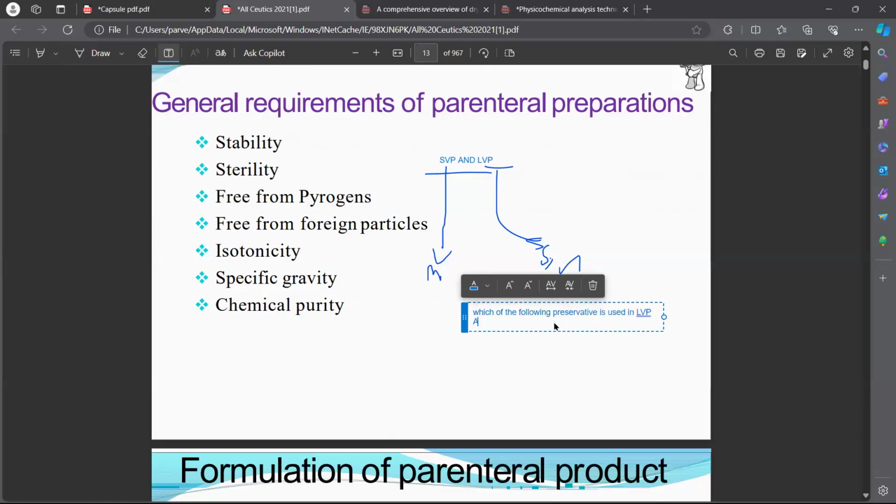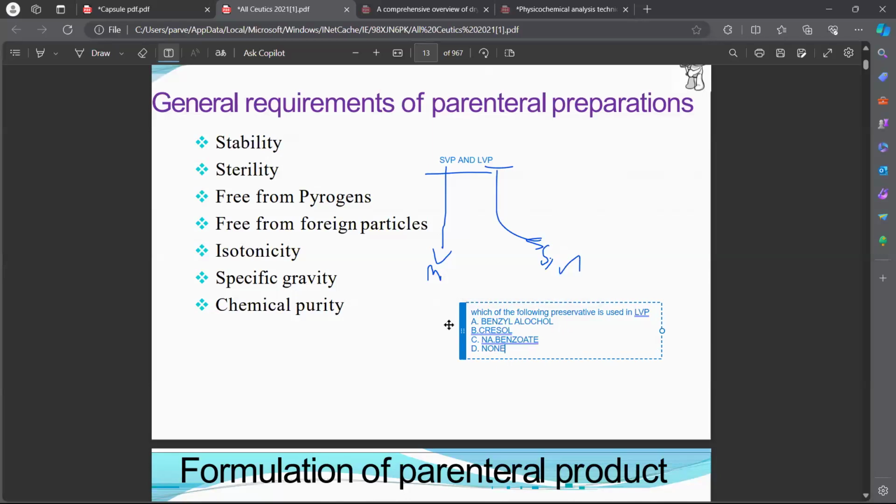A. Benzyl alcohol. B. Cresol. C. Sodium benzoate. D. None.